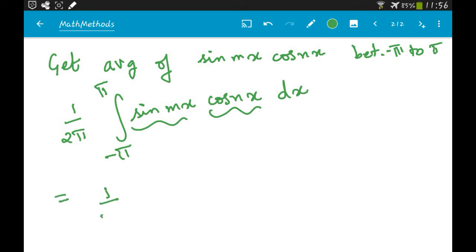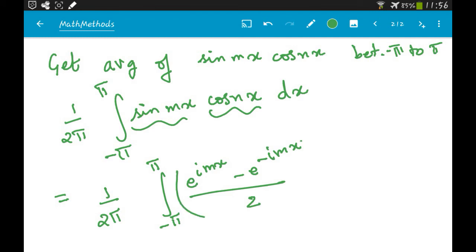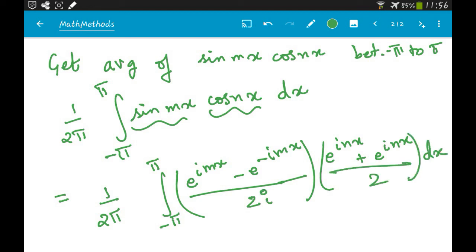It will be 1 by 2 pi, the integral from minus pi to pi. Okay, and you can write this as, so sin mx is e power i mx minus e power minus i mx by 2i, and cos nx is e power i nx plus e power minus i nx by 2, dx.